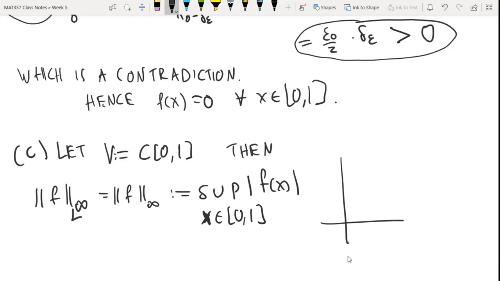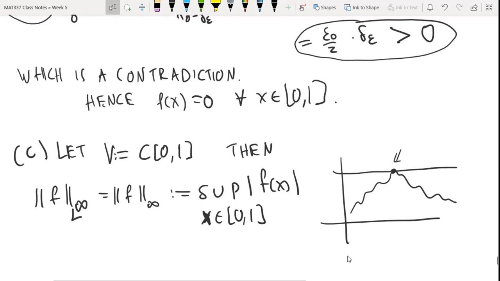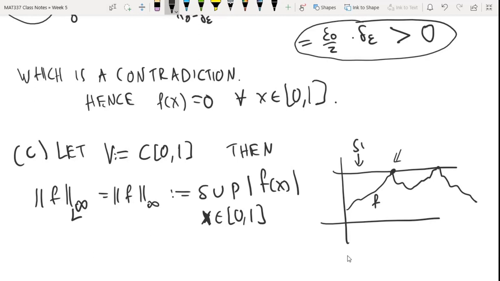So pictorially, if this is f, then there's one guy, and then you could have another guy. So this is f, and this is the sup of f of x.